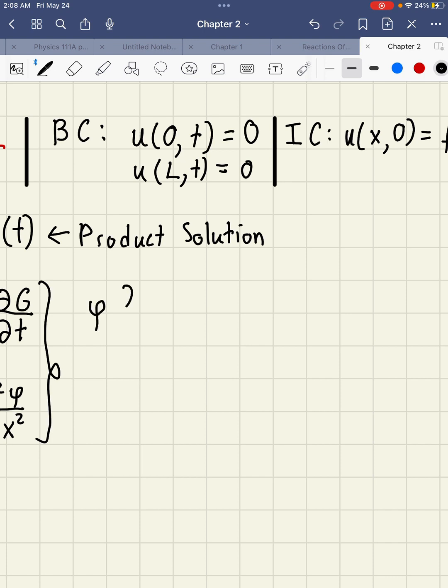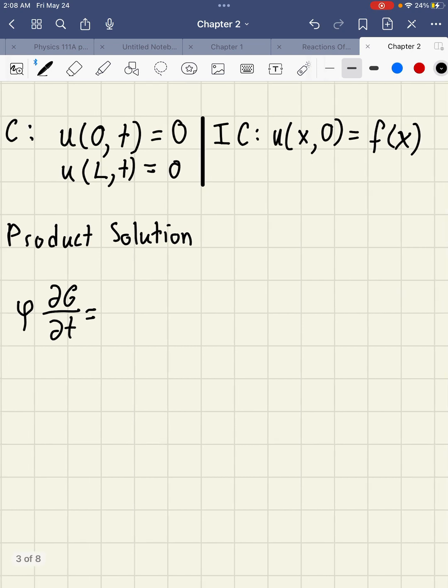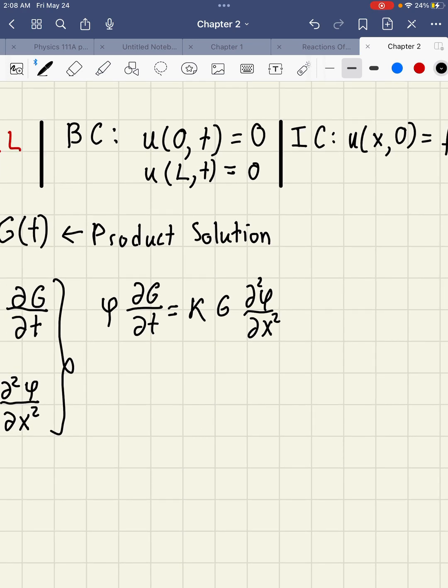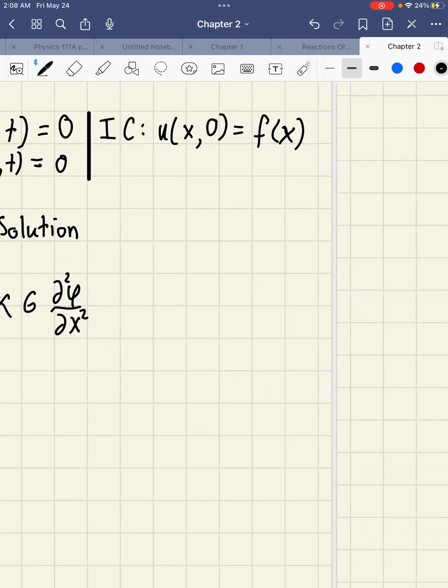So phi times partial g partial t is equal to k times g times the second partial derivative of phi with respect to x squared. Now the next step that I'm going to do is where the name comes from: separation of variables. So I'm separating all the time components on one side and all the x components on the other side.